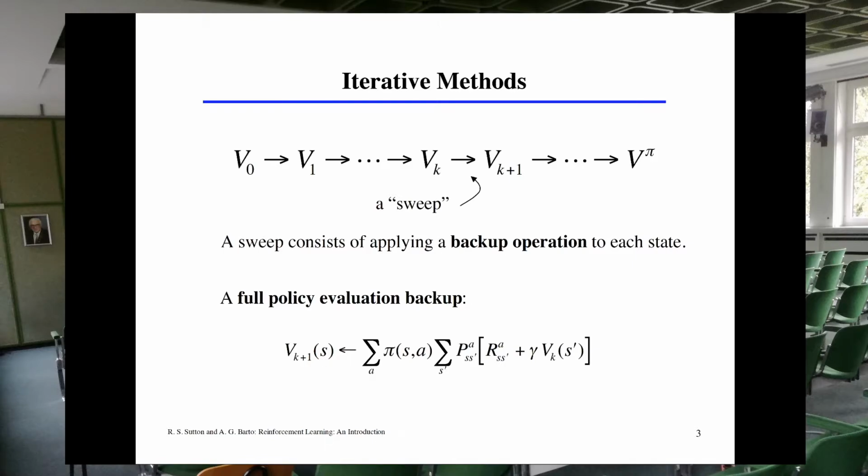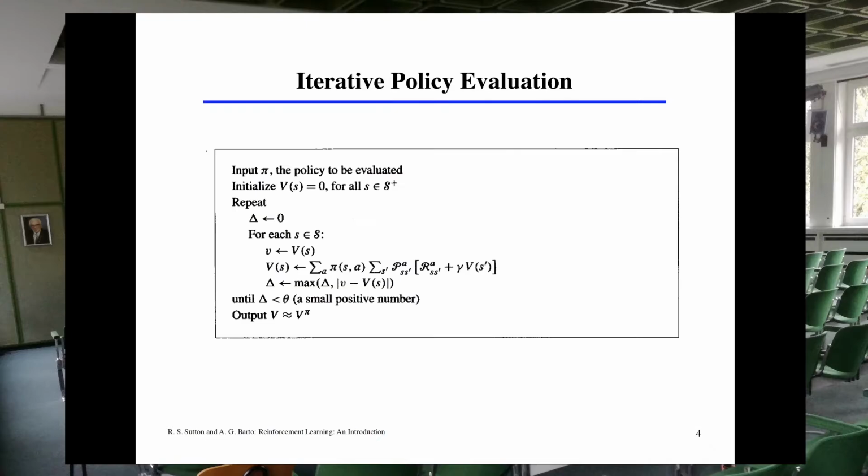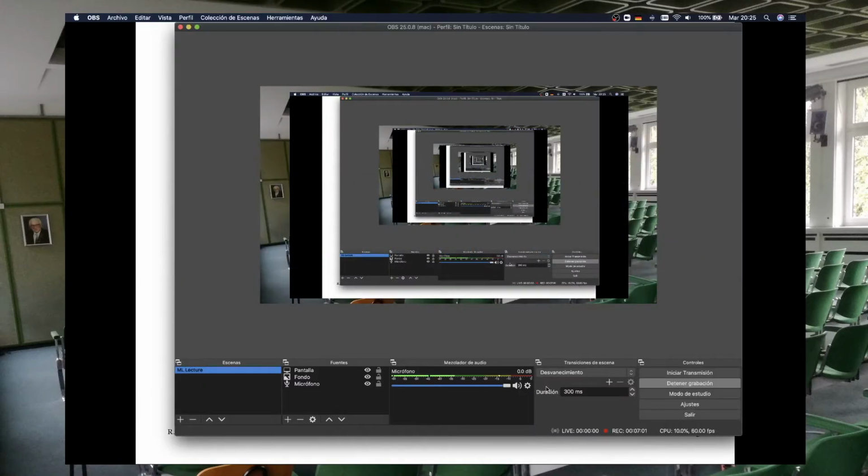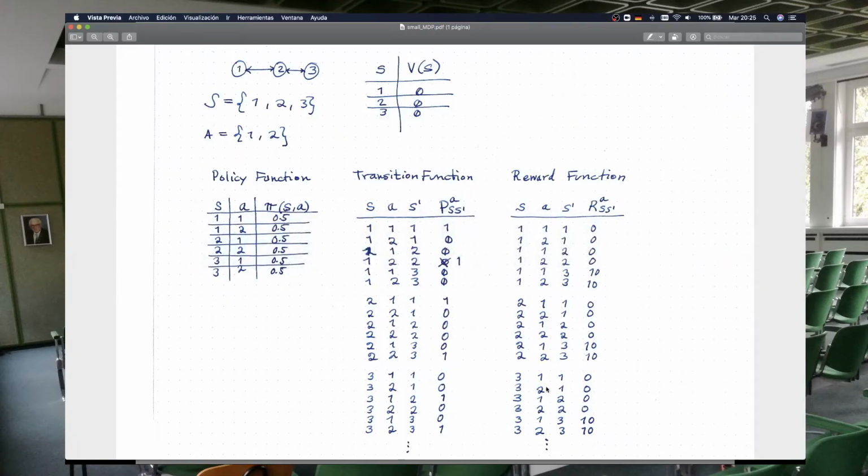So I will show you with a small example how you can create pi, p, r, and v, so it will be easier to understand the algorithms. Okay, so here we have an example.